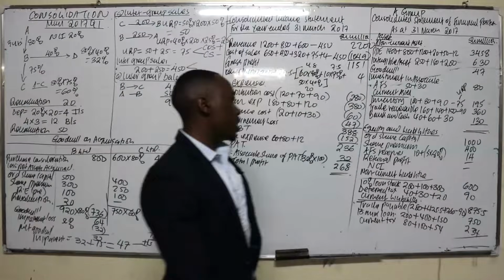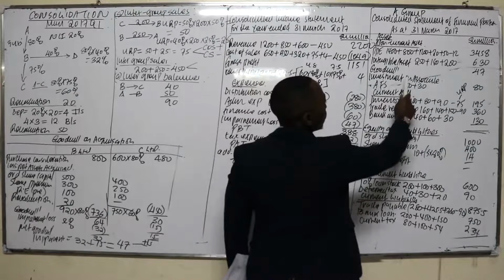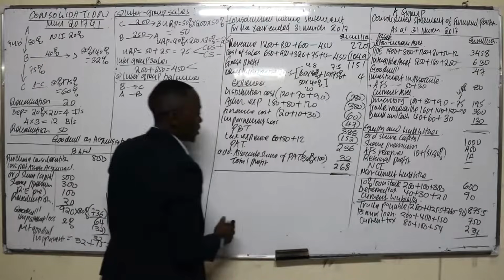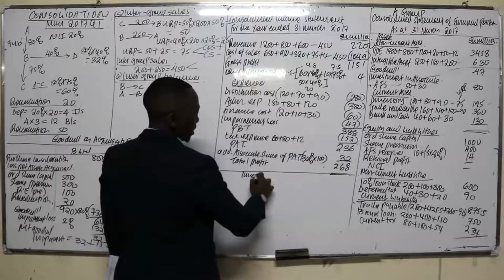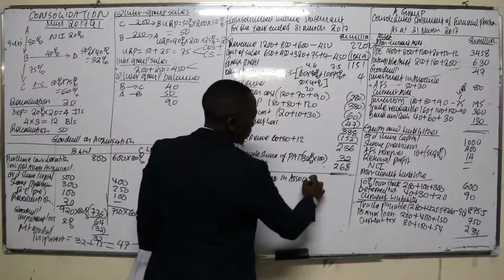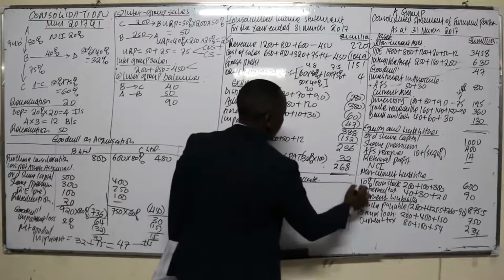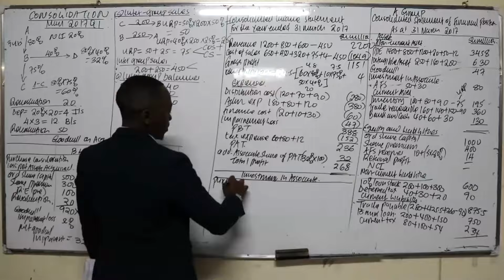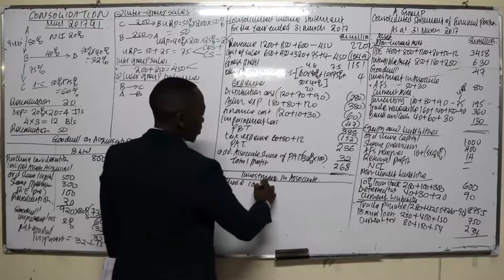Simple as that. So I want to show you how to account for investment in associate using the equity method. Let me show you that. Investment in associate. So how do we account for investment in associate? Under the equity method, you take the purchase consideration, or the cost of investment.